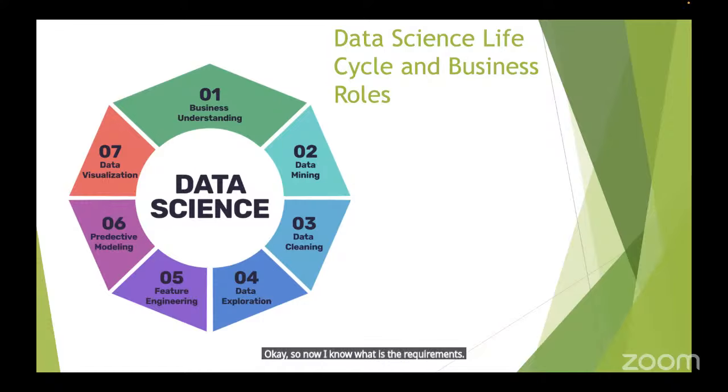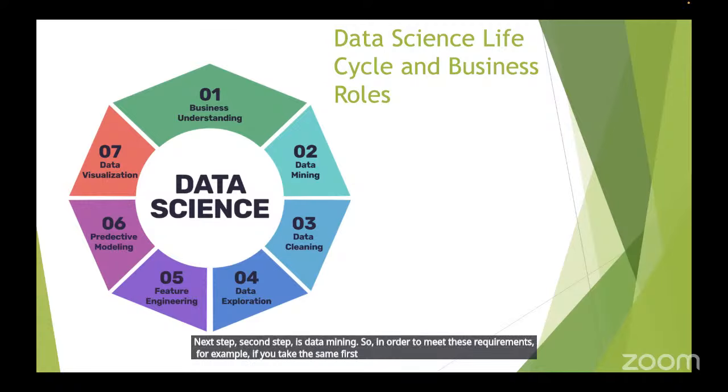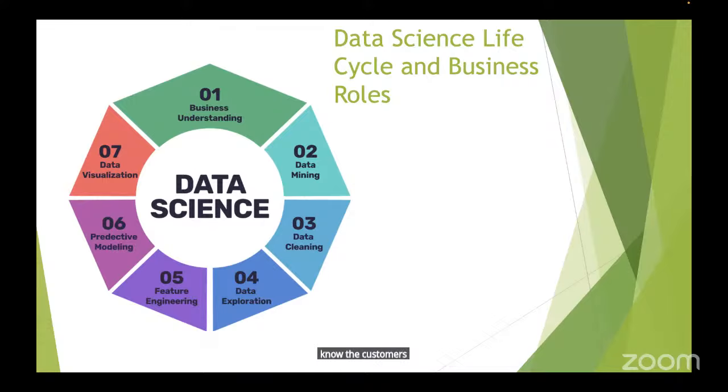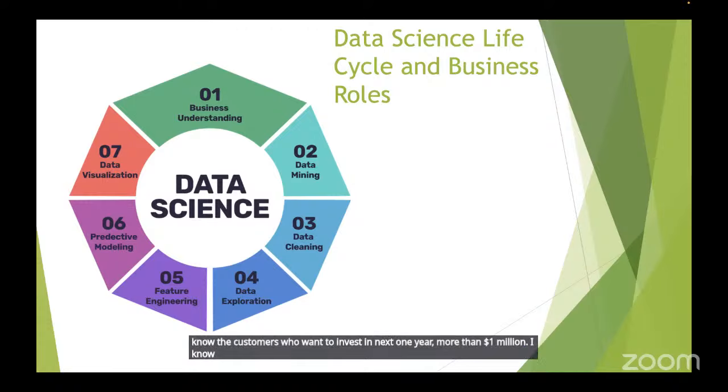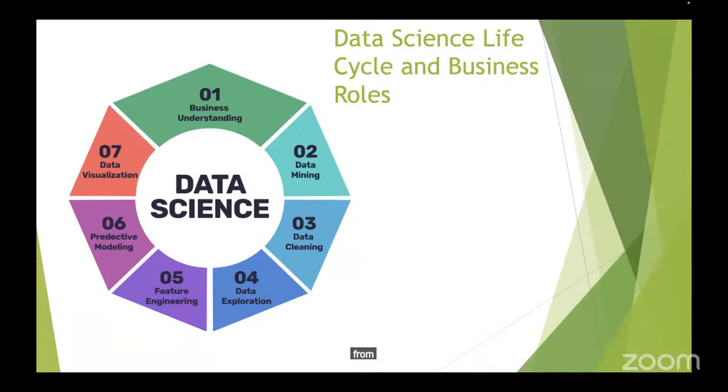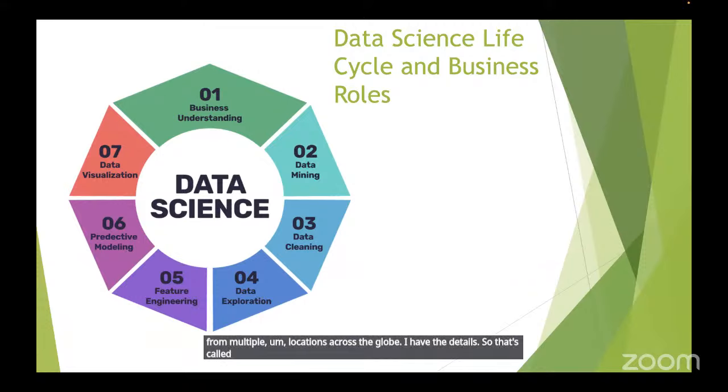The second step is data mining. In order to meet these requirements, if we take the same first example of the banking sector, I want to know the customers who want to invest more than 1 million in the next 1 year. I should have got the data from surveys from multiple locations across the globe. I have the details. That's called data mining. I collect all the data.